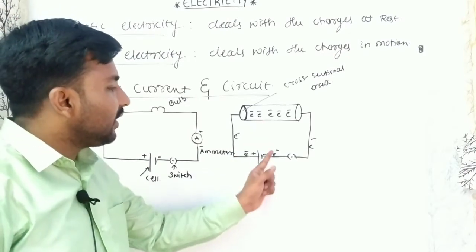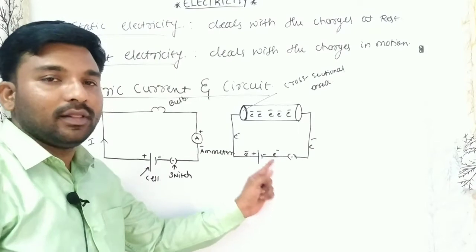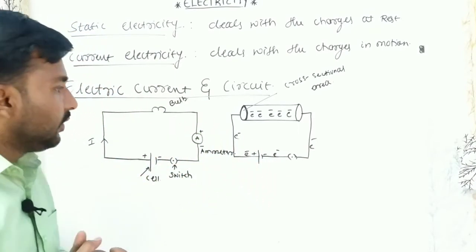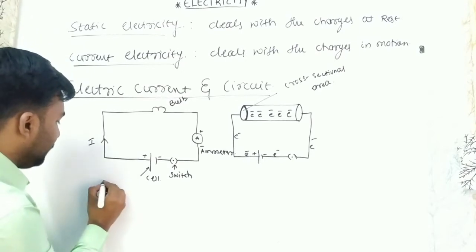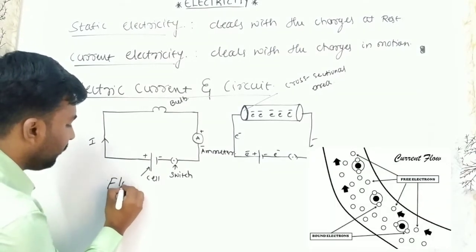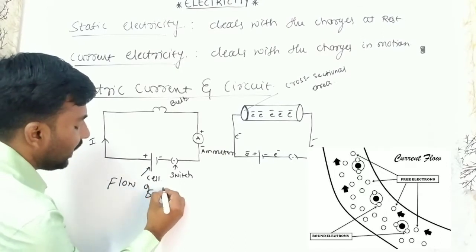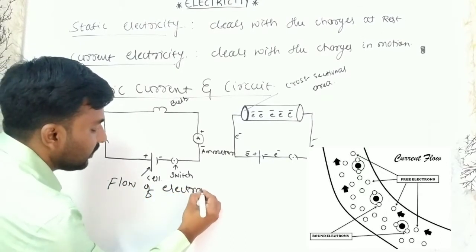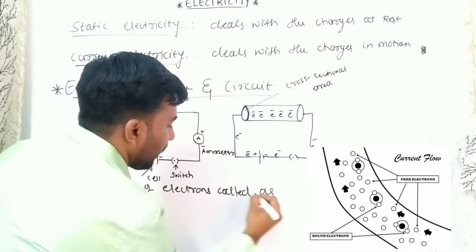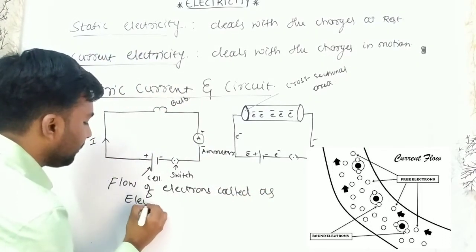When the electrons are in motion, we call it electric current. So the flow of electrons is called electric current.